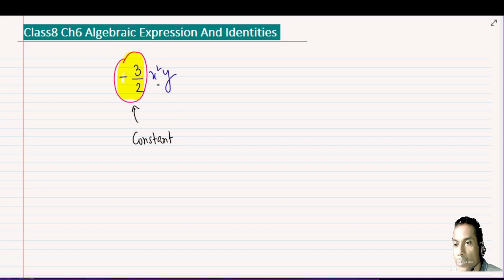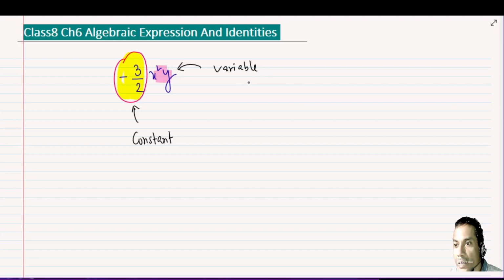Because this is the numerical value, we cannot change this value, and this part is called the variable. So minus 3 by 2 is the constant and x square y is the variable, and it is represented by the alphabet, that is, a letter.